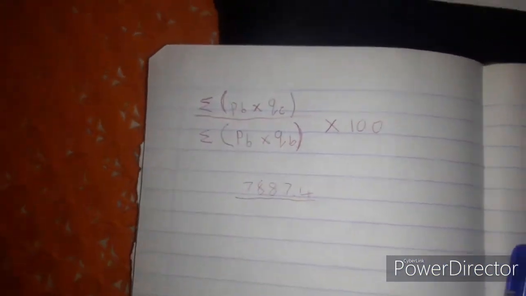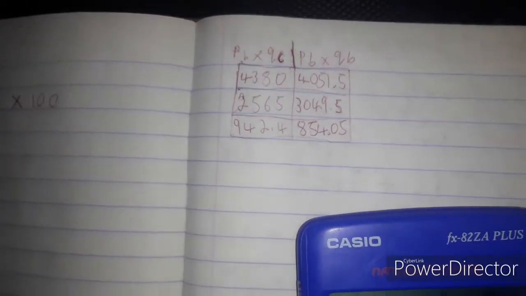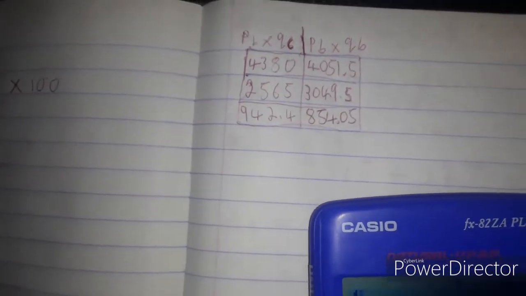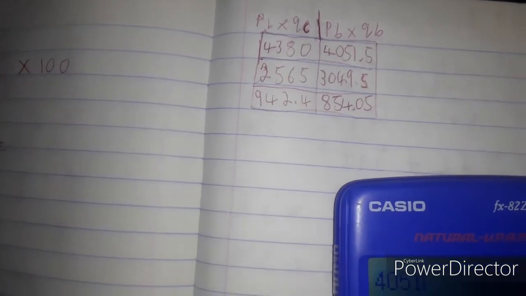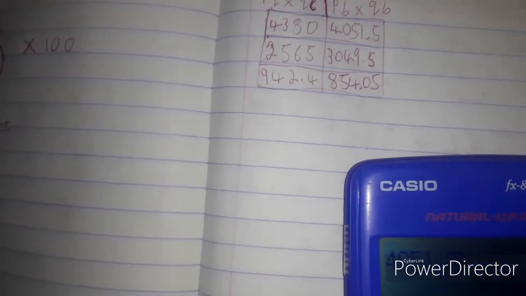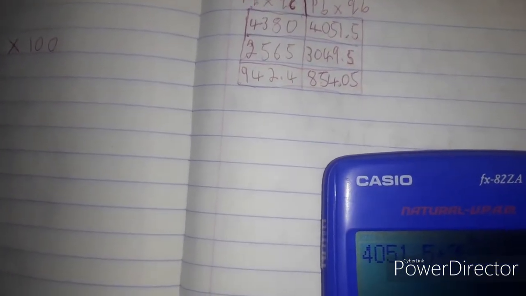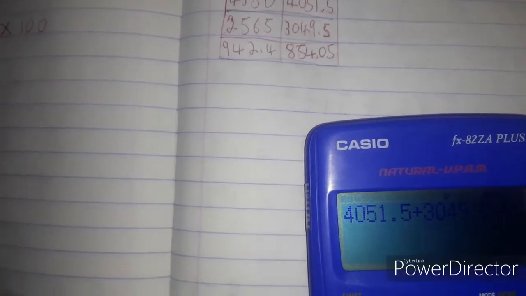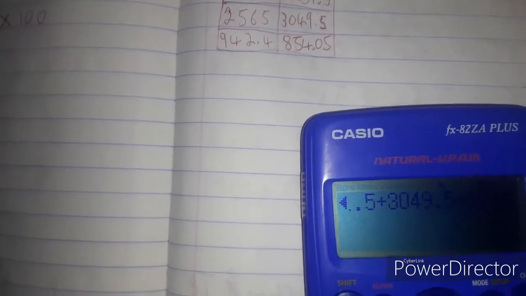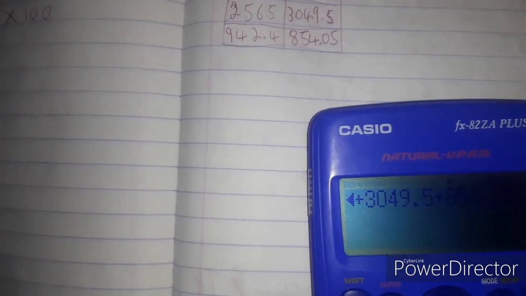And then we sum the figures or the values. So 4,055.51 plus 3,049.5 plus 854.05.